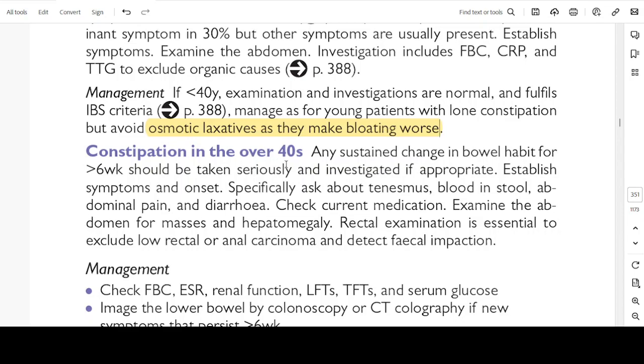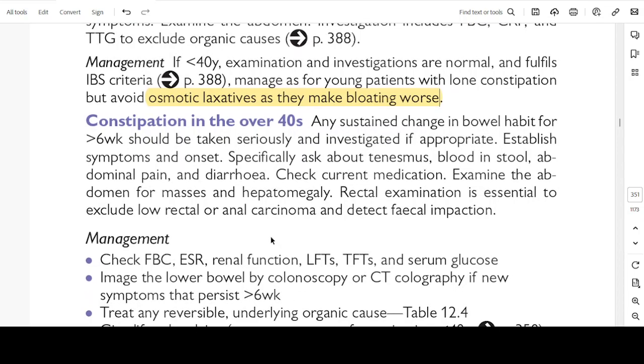Constipation in the over 40s. Any sustained change in bowel habit for more than 6 weeks should be taken seriously and investigated if appropriate. Establish symptoms and onset. Specifically ask about tenesmus, blood in the stool, abdominal pain and diarrhea. Check current medication. Examine the abdomen for masses and hepatomegaly. Rectal examination is essential to exclude low rectal or anal carcinoma and detect fecal impaction.